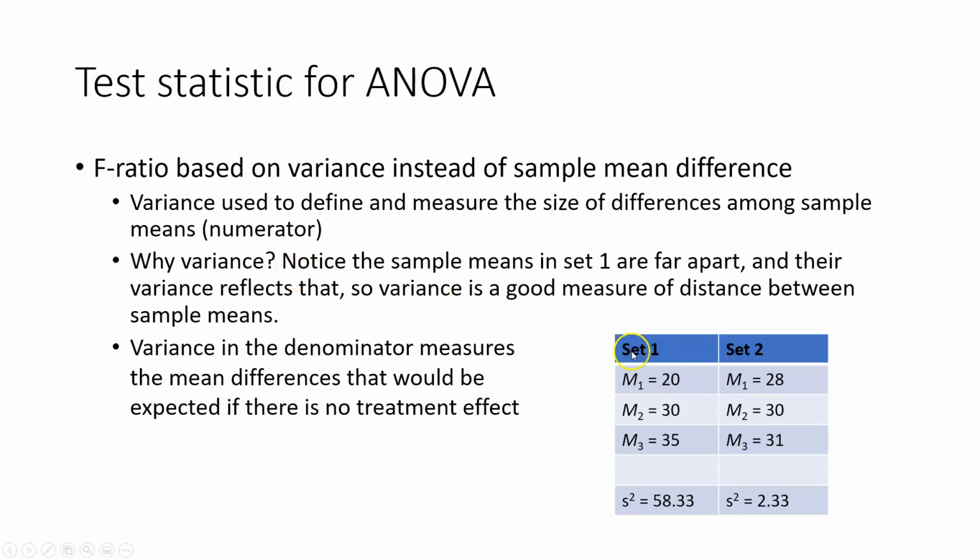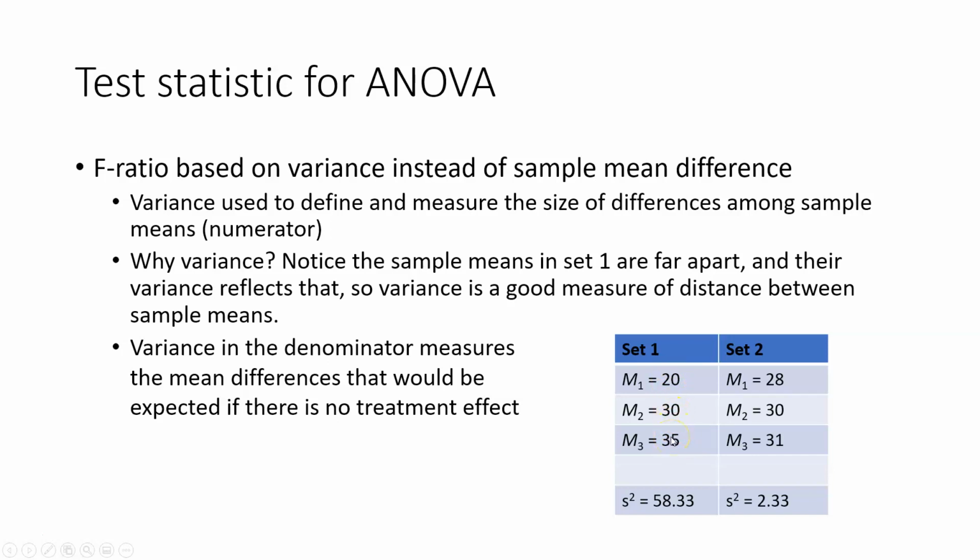Because if you look at set 1 right here, you've got 3 different means. Let's say that these are treatment 1, treatment 2, treatment 3, and we've computed the mean for those 3 groups. Those 3 means are quite different from each other, 20 and 30 and 35.